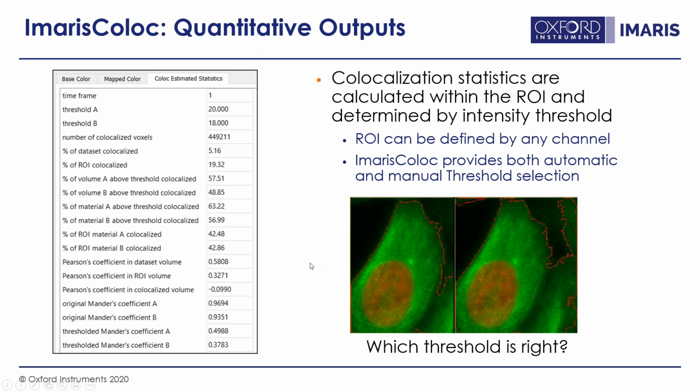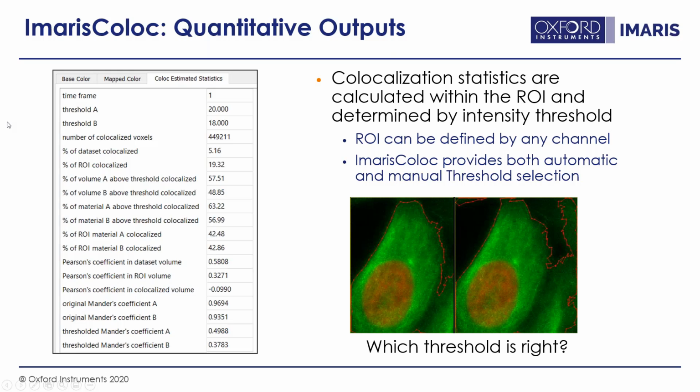And so basically once you run this co-localization module and you choose your thresholds and you get everything set, you're going to get a series of statistics here that are present within Imaris. Now, there's a lot of numbers here. Some of them you might be interested in, some of them you may not be interested in at all. I'm not going to go through every single one of these today, but we do have a website.